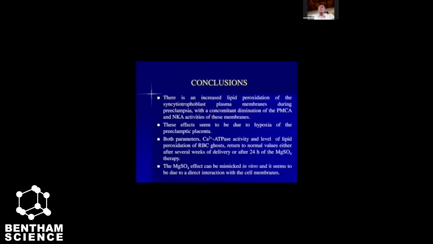In conclusion, there is an increased lipid peroxidation of the syncytial trophoblast plasma membranes during preeclampsia with a concomitant diminution of both PMCA and sodium potassium ATPase activities of these membranes. These effects seem to be due to hypoxia of the preeclamptic placenta, and both parameters, calcium ATPase activity and level of lipid peroxidation of red blood cell ghosts, return to normal values either after several weeks of delivery or after 24 hours of magnesium sulfate therapy.